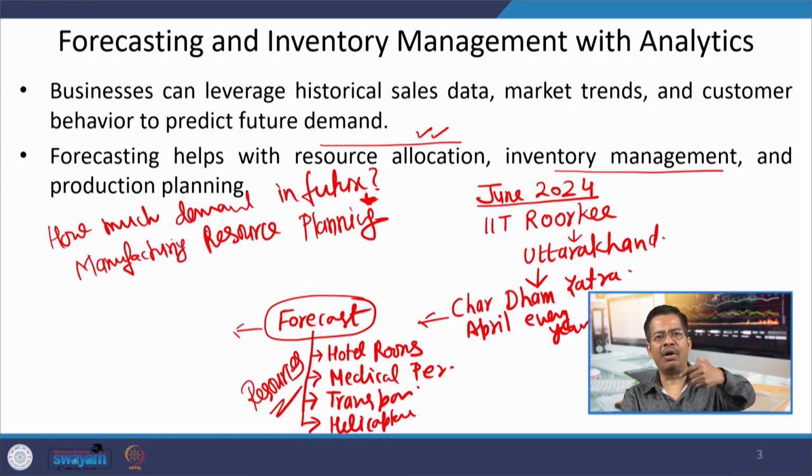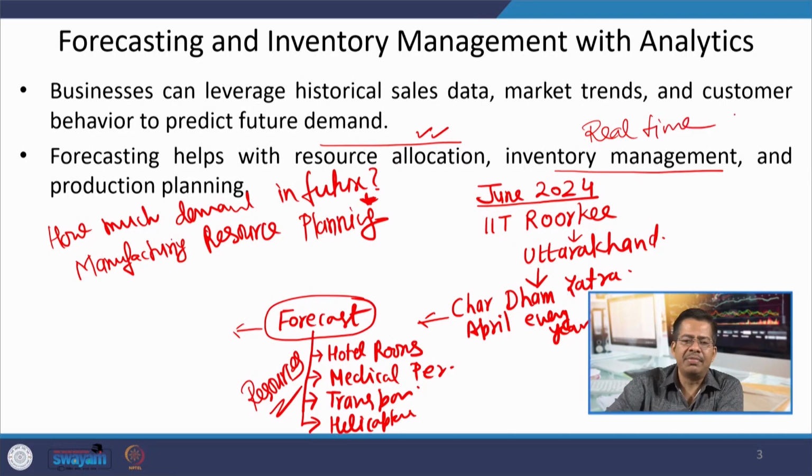Based on the pattern of your forecast, how many people are visiting on Monday, how many will visit on Tuesday, and maybe many more tourists will visit on weekends because of the holidays, accordingly you can plan your inventory management also. So, you can say that real time inventory management will take place when you use analytics in this particular case.